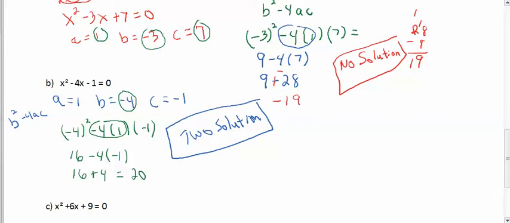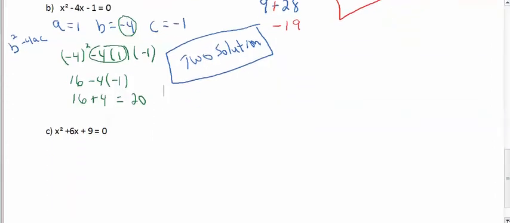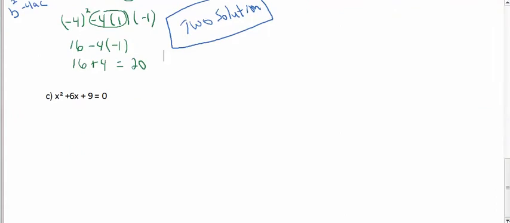And then the last one, I look and see, and I say, okay, is it in standard form? And it is. I'm going to find my a, b, and c. So my a is 1, my b is 6, my c is 9. Again, it's b squared minus 4 times a times c. So my b is 6.